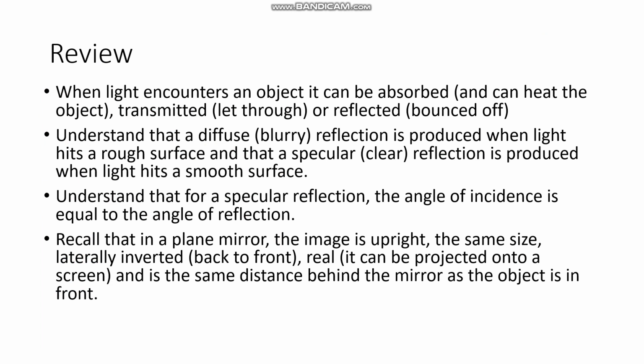You should understand that for a specular reflection, the angle of incidence is equal to the angle of reflection. Remember, those angles are measured with respect to the ray and the normal line. You should be able to recall that in a plane mirror, a flat mirror, the image is upright, the same size, laterally inverted, virtual, and it is also the same distance behind the mirror as the object is in front.